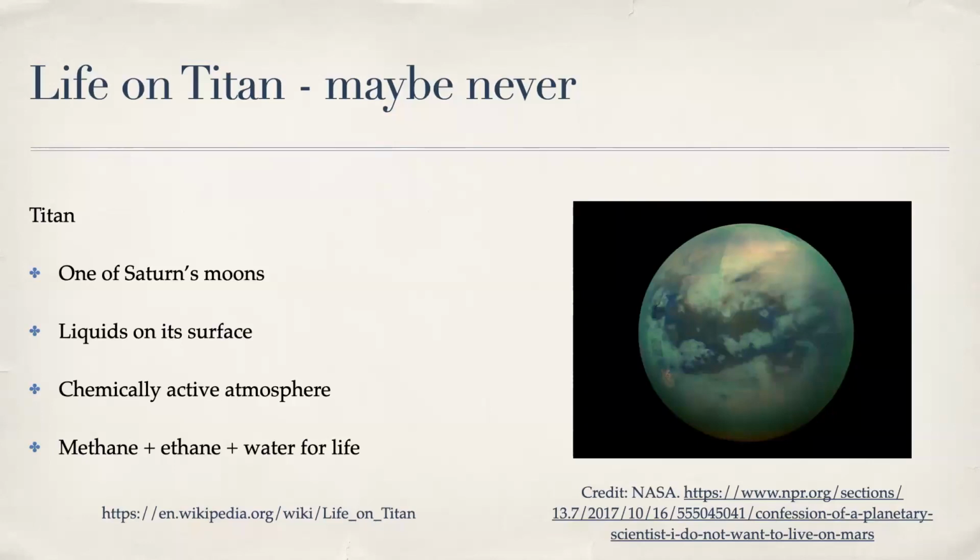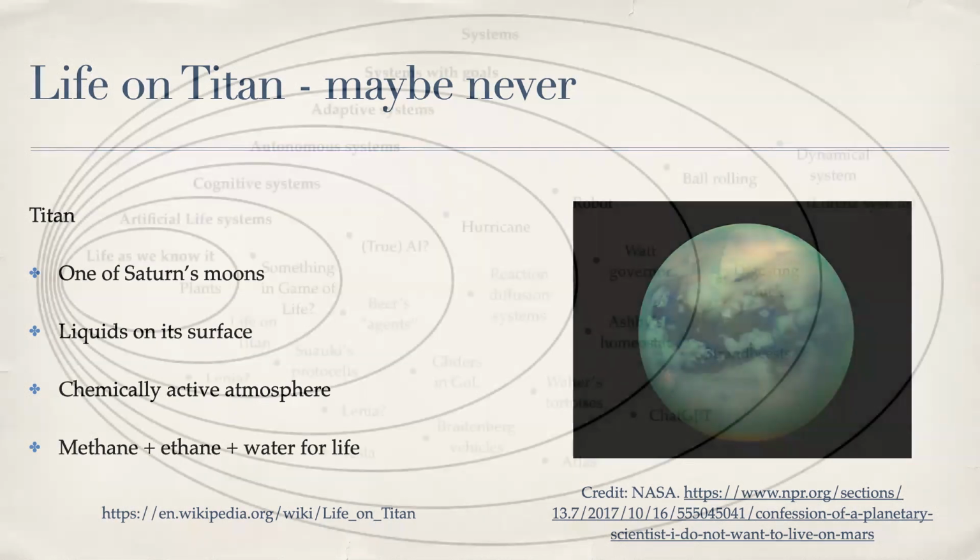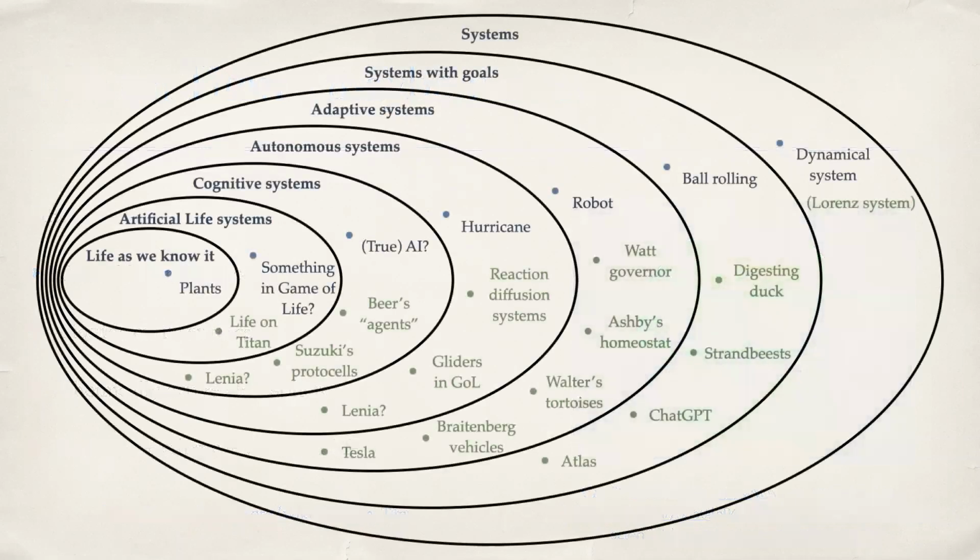So there is probably some chemical process at work. It might be completely unrelated to life, but some people hypothesize that there is a class of living systems that is actually changing the atmosphere of Titan. Anyway, I would put Titan somewhere in there, potentially an artificial life system in the sense of life as it could be.